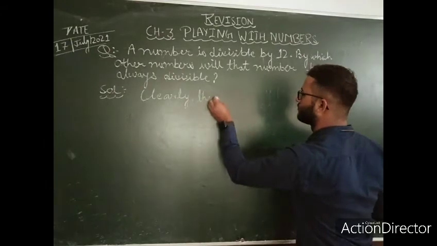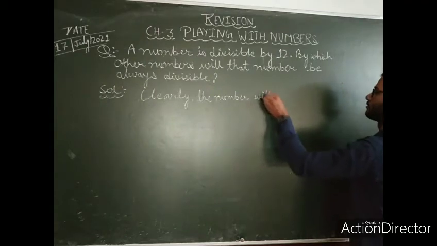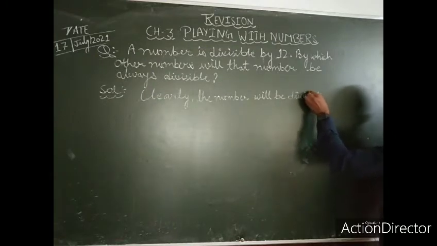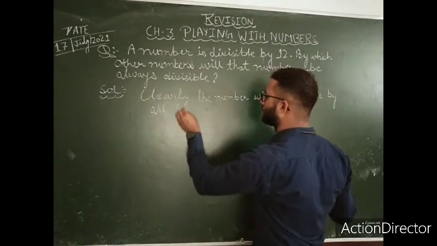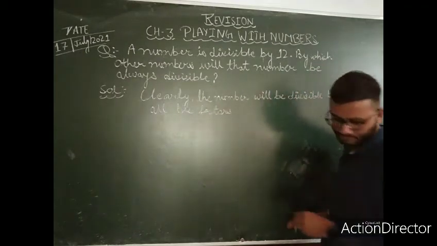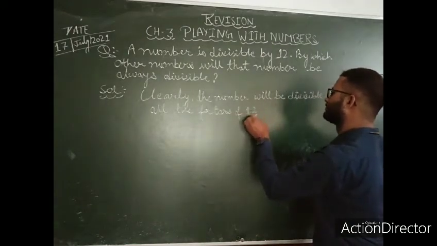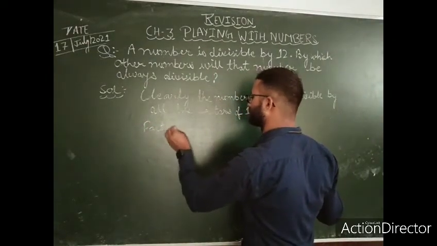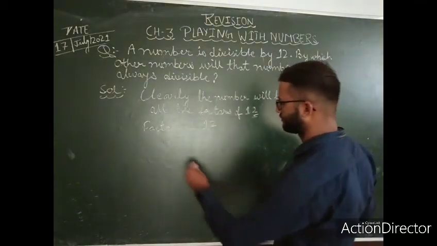The number will be divisible by all the factors of 12, right? So here we write factors of 12 and find them.